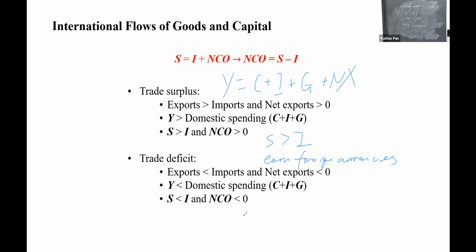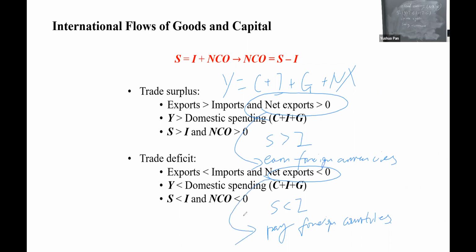And if S is smaller than I, you are going to pay foreign countries, and foreign countries with the US dollars have to invest in the United States. I think it's kind of easy, right? If the net export is bigger than zero, which means you export more, you earn money. If net export is smaller than zero, which means you import more, then you pay other countries, and they are going to invest in your country. This is smaller than zero, bigger than zero.